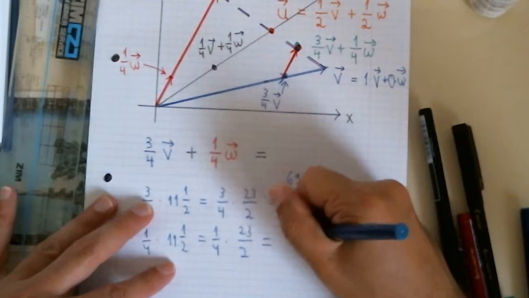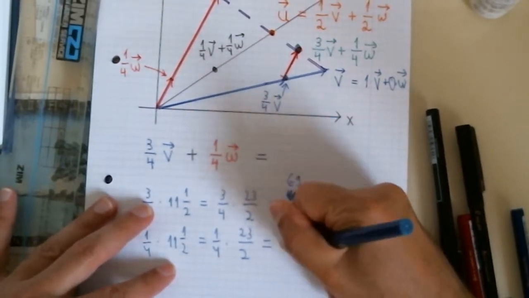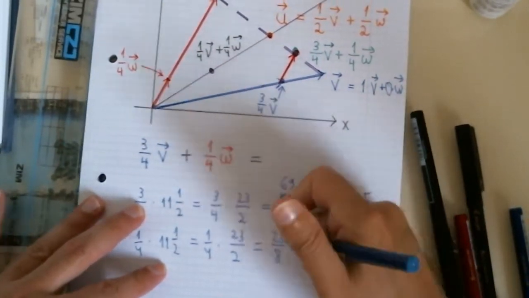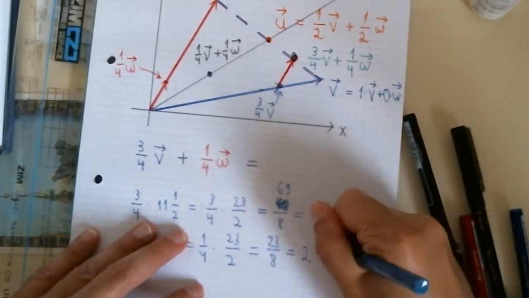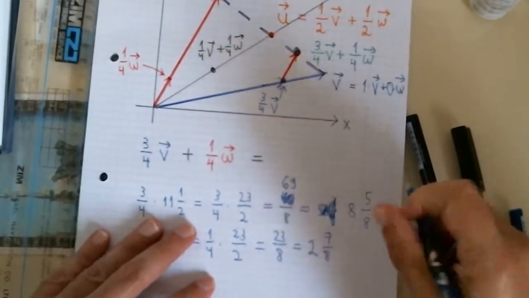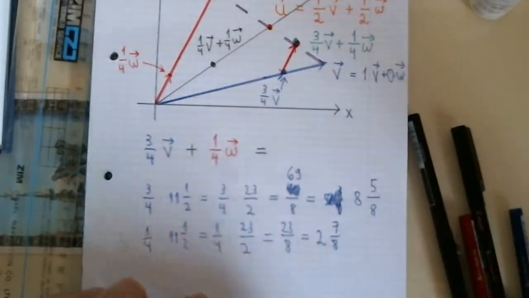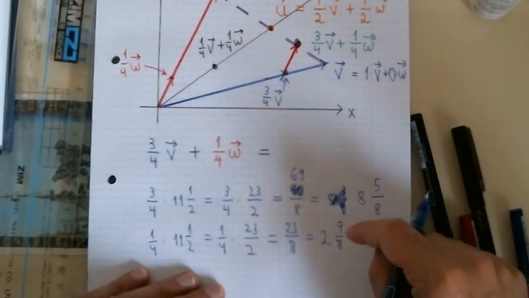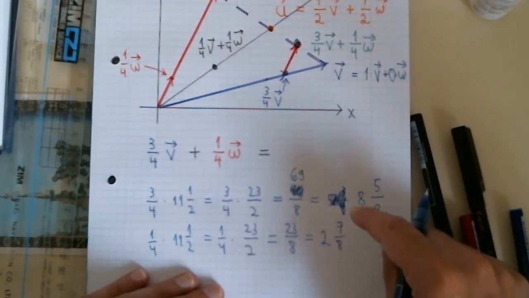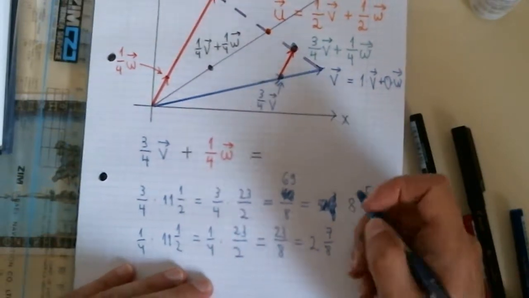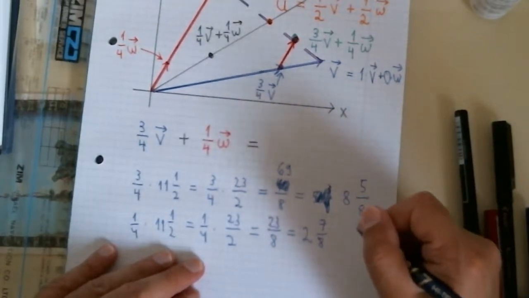Then we have 23 divided by 8. And then we have 2 and 7/8. Okay, so 2 and 7/8, 1/8 is 0.125.